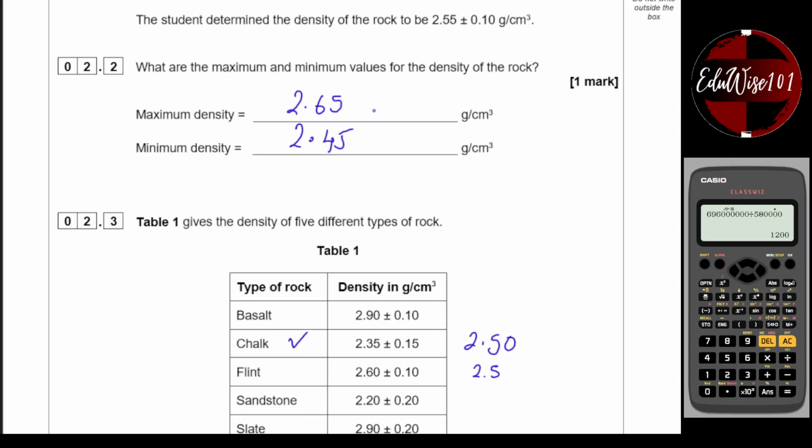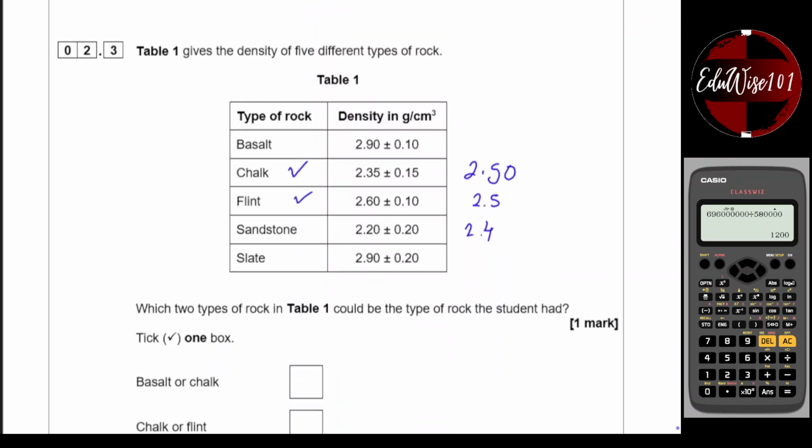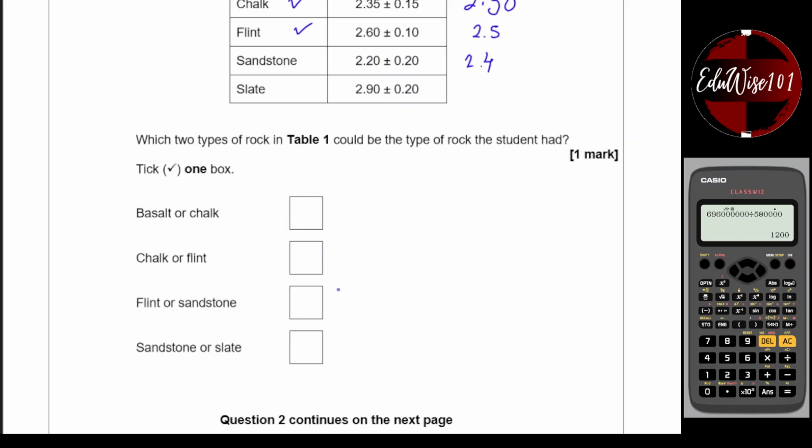That also falls under this, so it could be flint. Sandstone, if I add 0.2 to 2.4, that doesn't fall in that range. So it could be flint and chalk. Yeah, so chalk or flint is the answer.